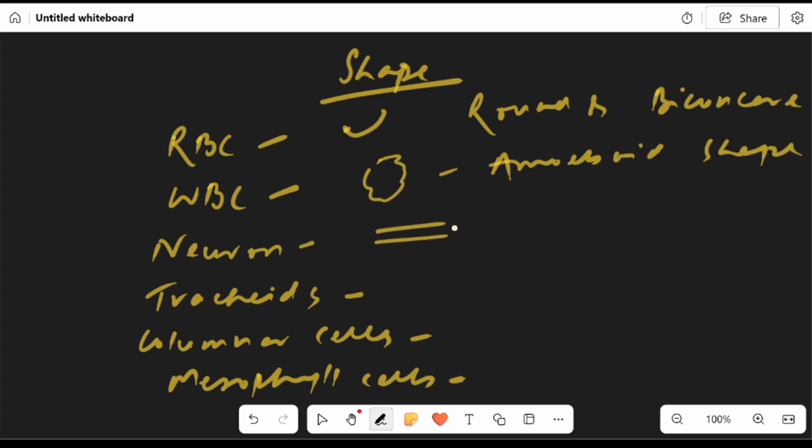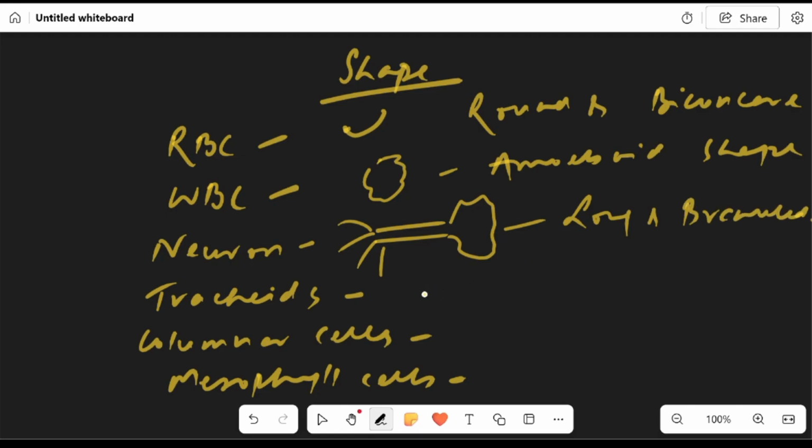Neurons, long and branched. Tracheids, elongated.